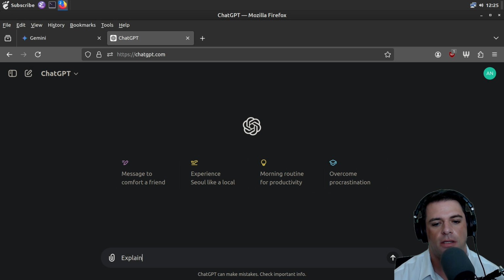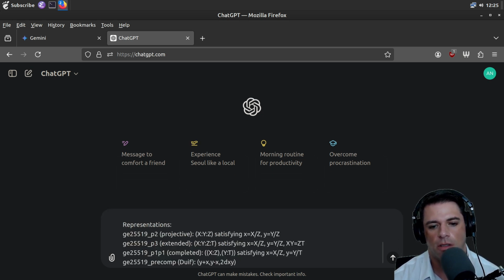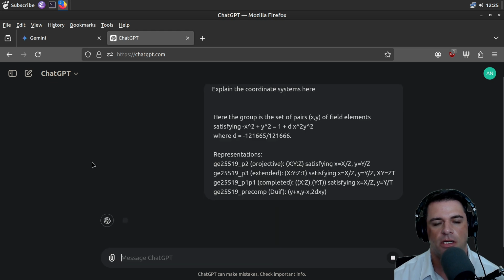So explain the coordinate systems here. We'll grab this and send it to Gemini.